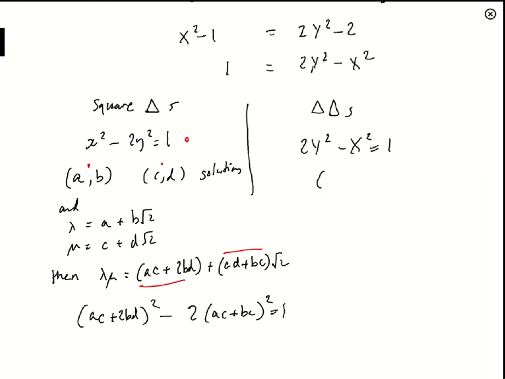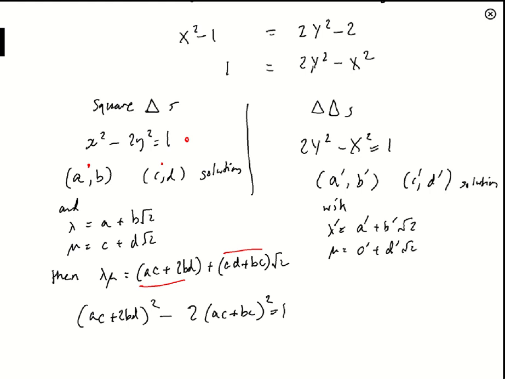So if I've got A prime, B prime, C prime, and D prime solutions, with lambda prime equals A prime plus B prime root 2, and mu prime equals C prime plus D prime root 2. Well, lambda prime mu prime is the same thing, but with primes.